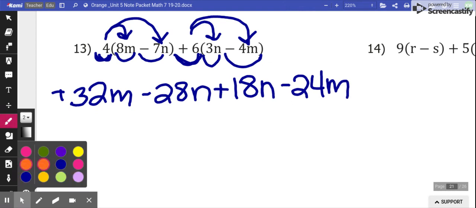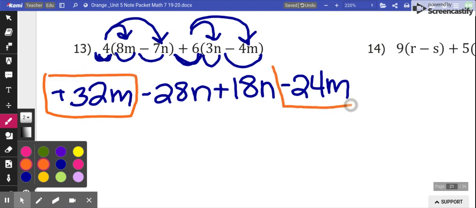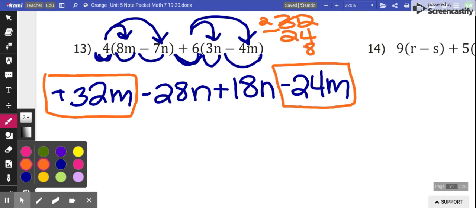Let's see what we can combine. Positive 32m minus 24m. 32 minus 24 is 8m. So I'm going to start with a positive 8m.